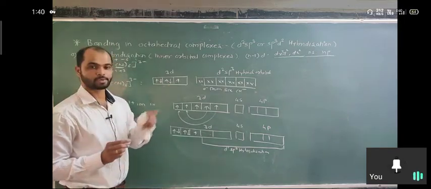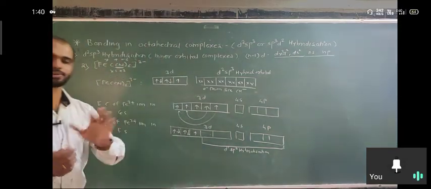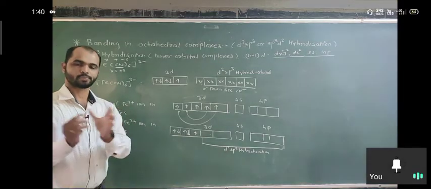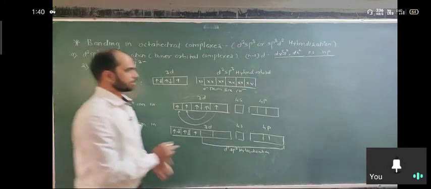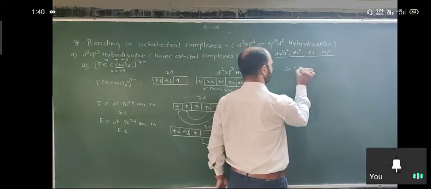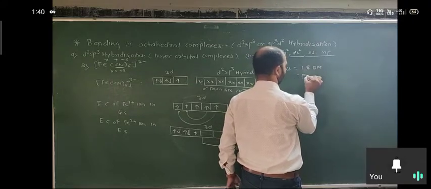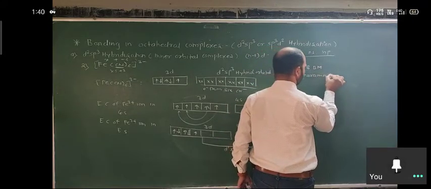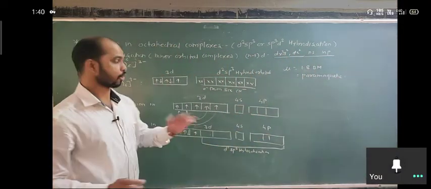So there is 1 unpaired electron. That means the magnetic moment is between 1.7 to 1.8 Bohr magneton. So here mu is equal to 1.8 Bohr magneton, and the nature is paramagnetic. The hybridization suggests octahedral geometry.